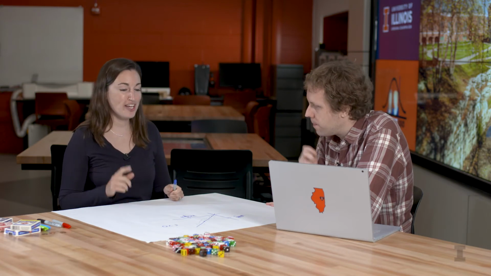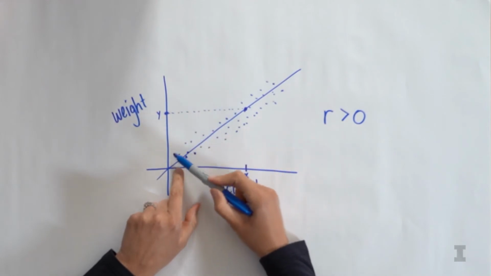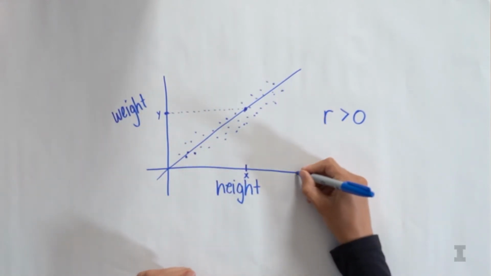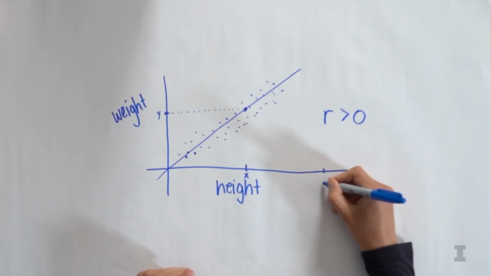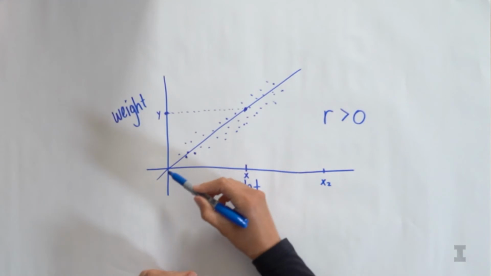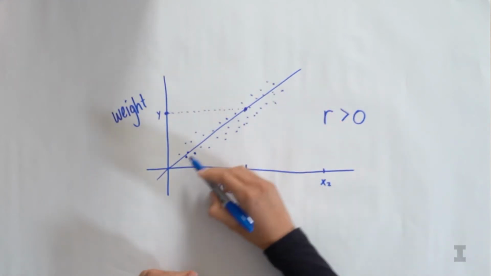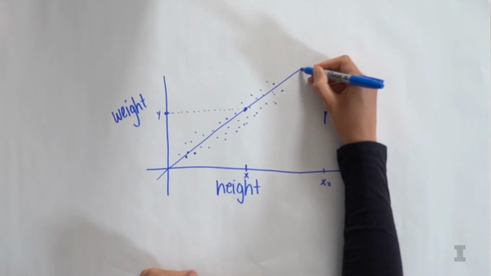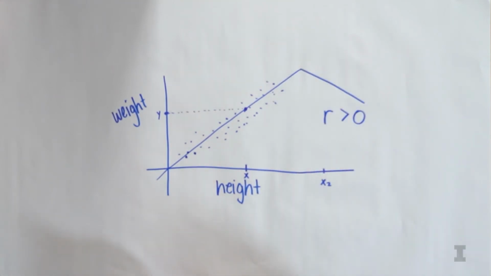Yes, and then there's two more things I want to say about regression. The first is that we want to make sure that our predictions stick within our data. We don't want to try and make a prediction for, let's say, an X value out here if I have no data points, because we don't know. We know our regression line works for our specific data, but maybe once you get past a certain point, it ends up having a negative correlation or it makes a shape that's not a line.